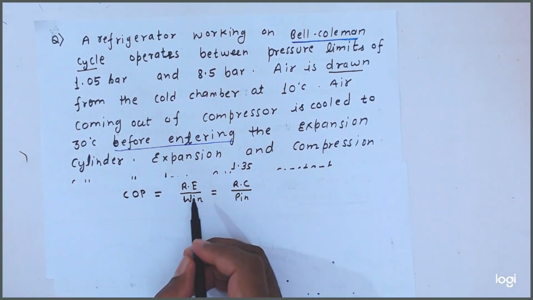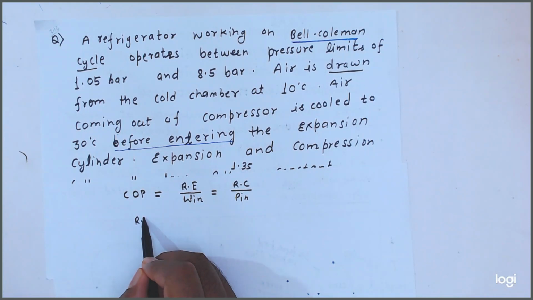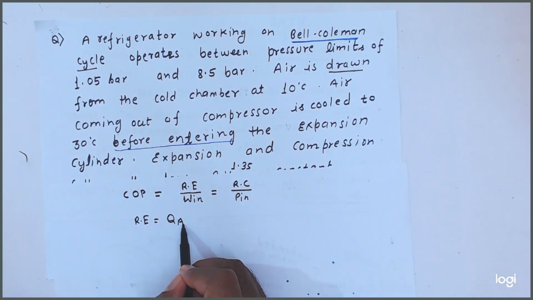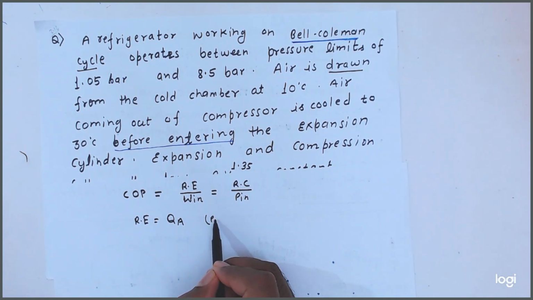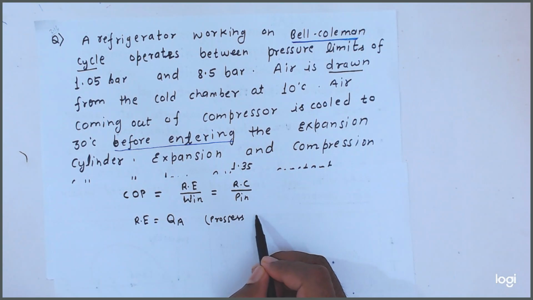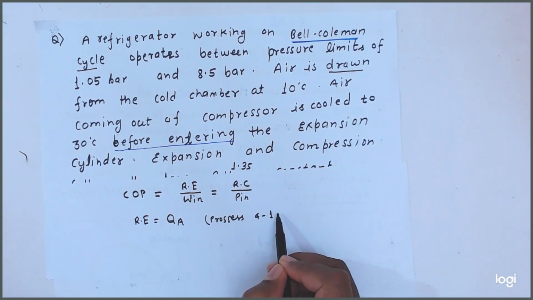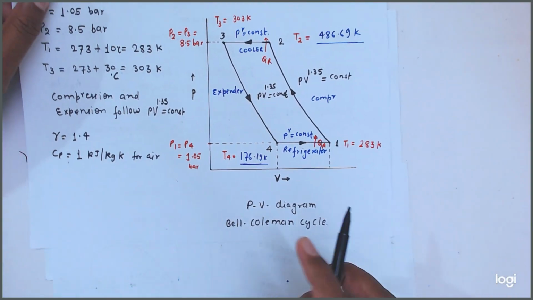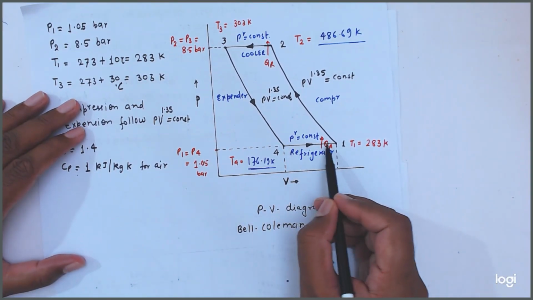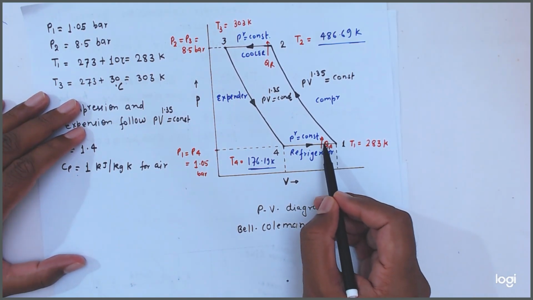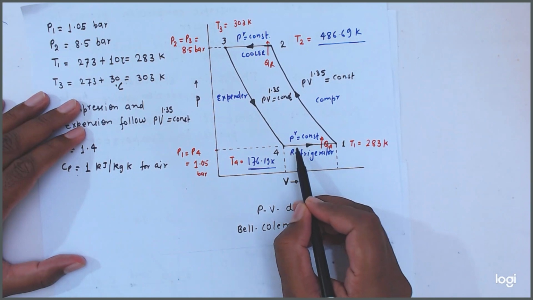Refrigeration effect equals the heat extracted in process 4 to 1. The refrigeration effect is equal to the heat extracted by this process, or you can say the heat addition by this process 4 to 1.